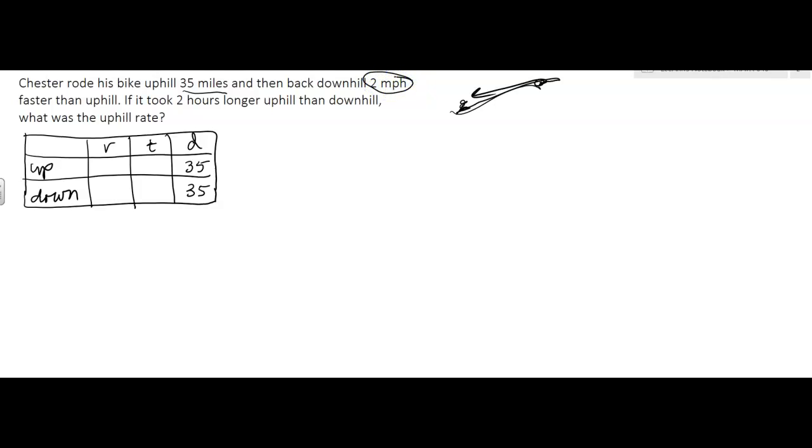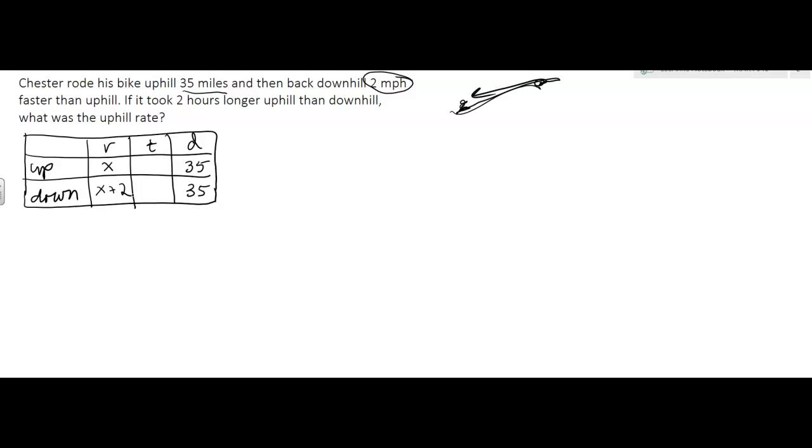So I'm going to say that his rate up is, we'll say x, and then downhill he's going faster, x plus 2. So 2 miles an hour faster. If it took 2 hours longer uphill than downhill, what was the uphill rate? Now here's the thing. The time is not equal, right?